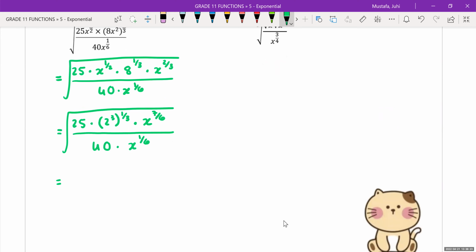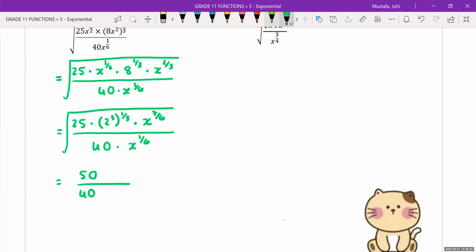Okay, we keep going. We have 25. What is 2 to the power of 3 to the power of a third going to give us? Just a 2. So just to save some steps, 25 times 2 is going to give me 50, over 40.